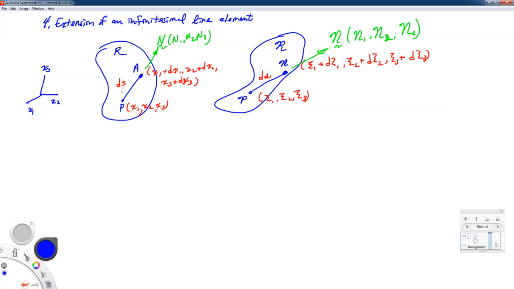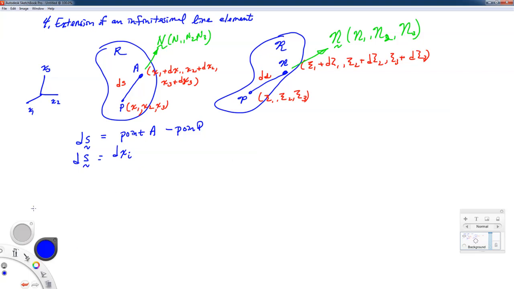Well, we can draw a vector between A and P. That vector with the little squiggle underneath of it is determined by the coordinates of point A, subtracting off the coordinates of point P. And if we do that, then we would have this little vector here that has components dxi.